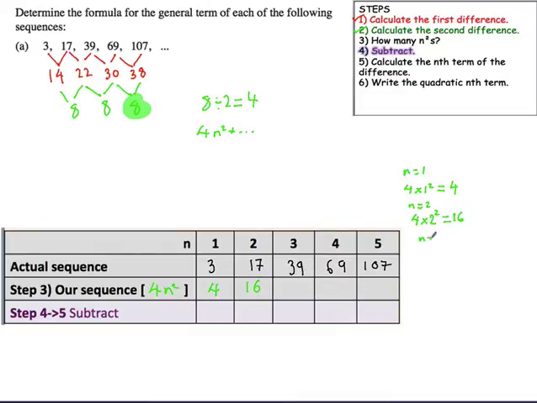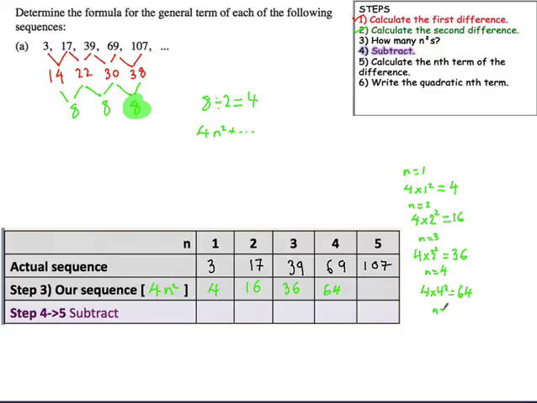When n equals 3, it's 4 times 3 squared. 3 squared is 9, times that by 4 is 36. So when n equals 3, ours is 36. And when n equals 4, we have 4 times 4 squared, which equals 4 times 16, which equals 64.